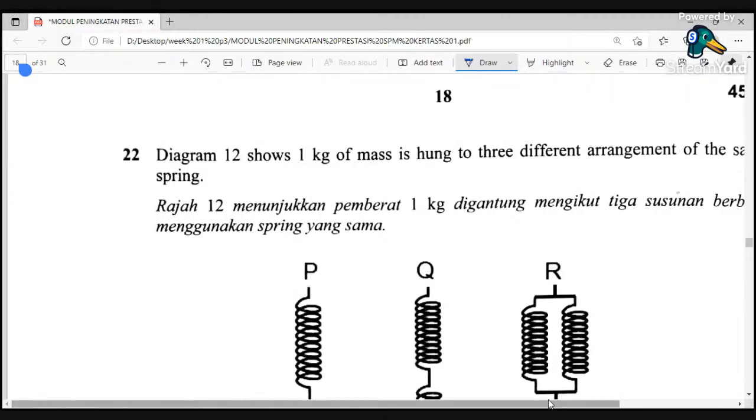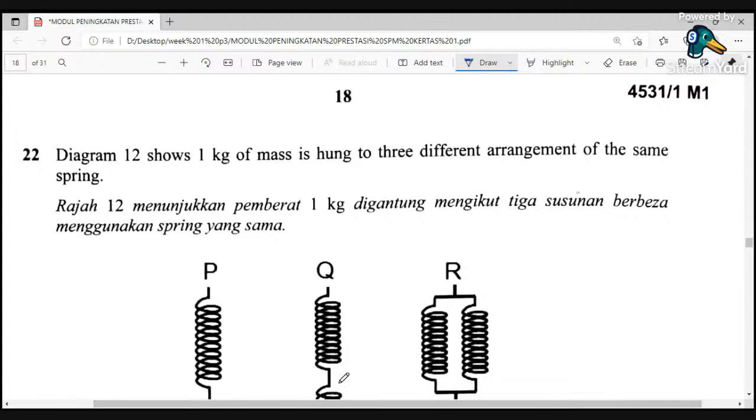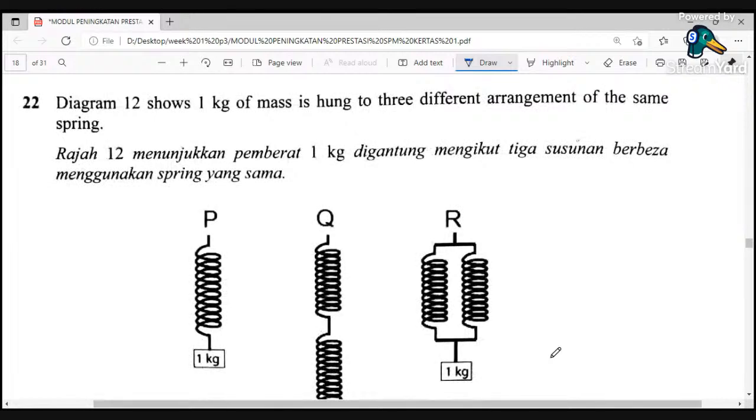Okay, number 22. Diagram 12 shows 1 kg of mass hung to 3 different arrangements of the same spring, sometimes mentioned as identical spring.